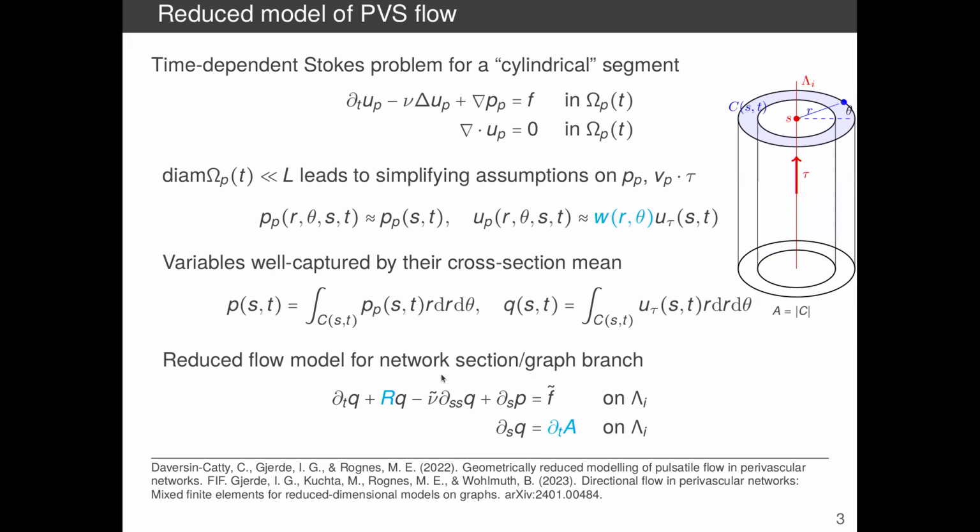So if this is the case, the field on the cross section is well characterized by its mean, and then you invoke some standard machinery, so that you end up with this Stokes-Brinkmann-like problem, where this lower order term, which was not previously here, is the result of the model order reduction, and I highlighted here in this cyan color all the terms which are also related to the cross section.